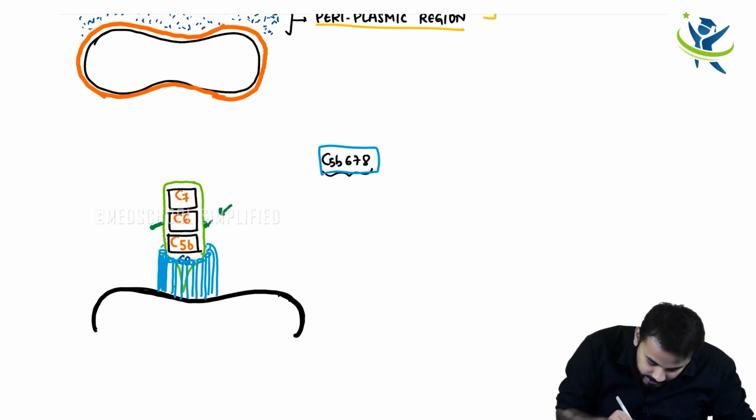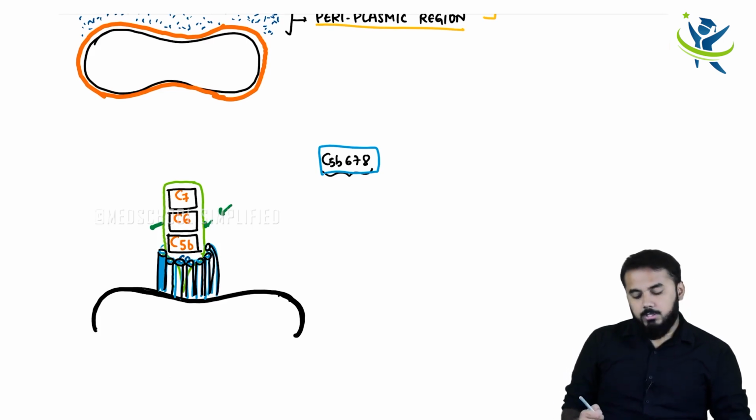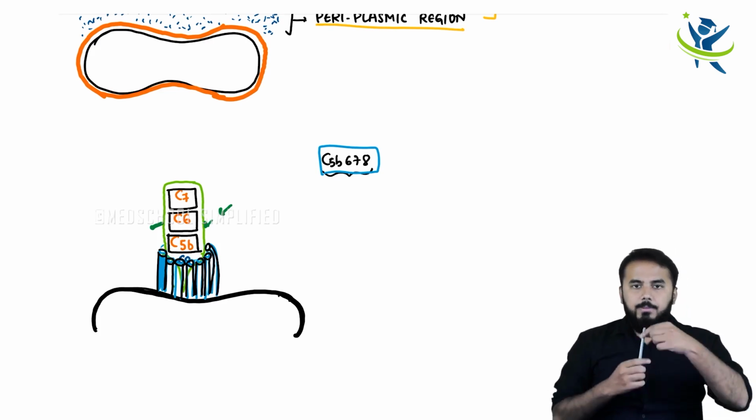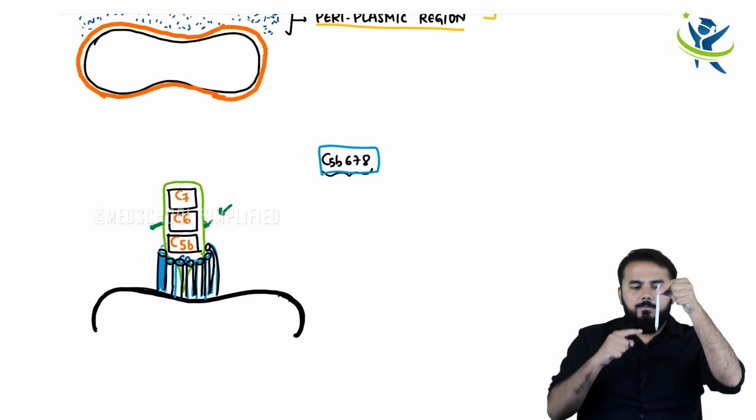So let me make a partition, guys, so that it would be easy for you to identify these C9s. In this way, for example, this is a C5b, C6, C7 and C8 molecule.